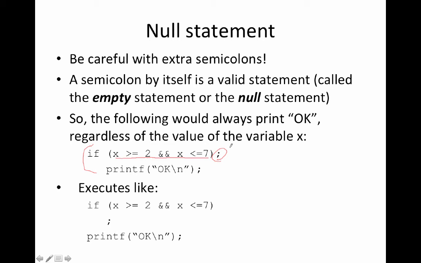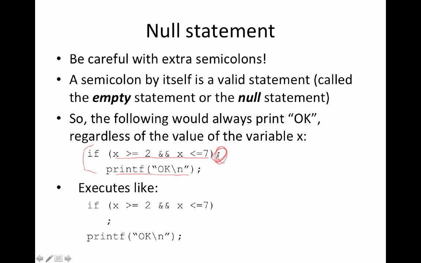So a semicolon by itself is a valid statement, and since in C the action is the next statement, whatever that happens to be, this semicolon, this null statement, becomes the action. And this printf, even though it's indented to look like it's the action, actually has nothing to do with the if statement. It's just the next statement. So this is always going to print OK. So if x is in this range, we're going to do nothing.